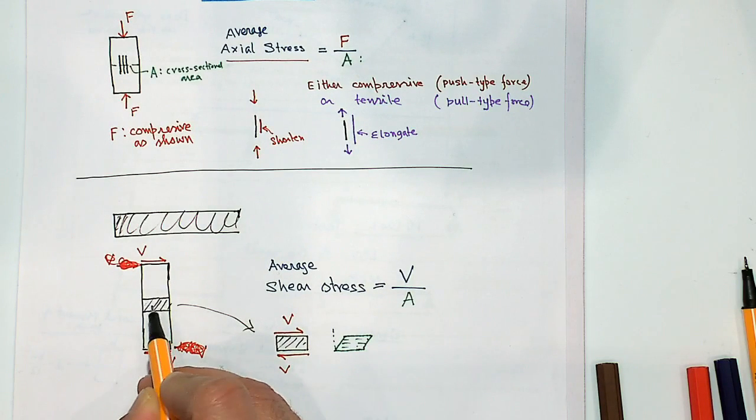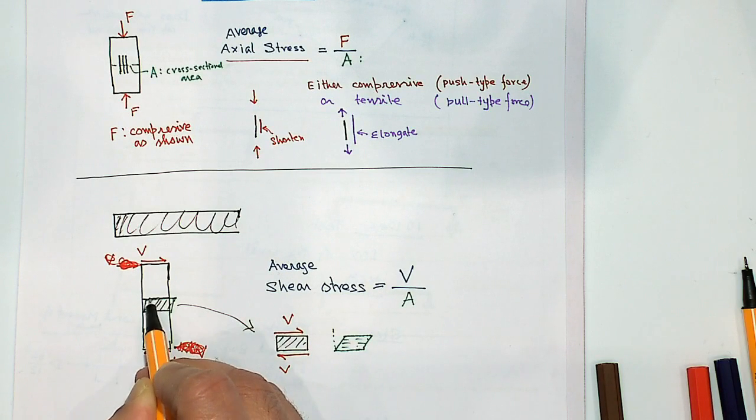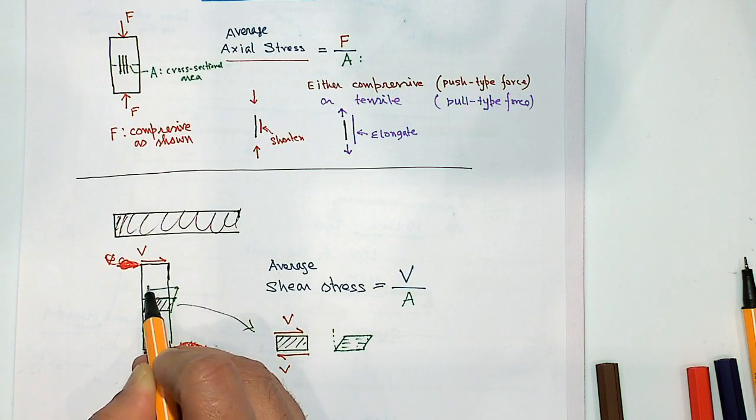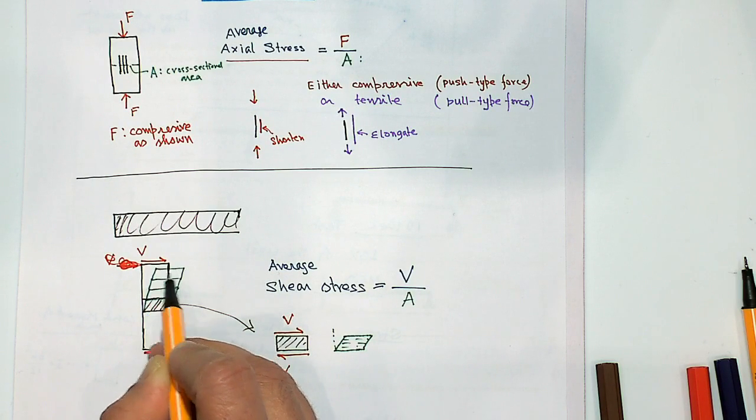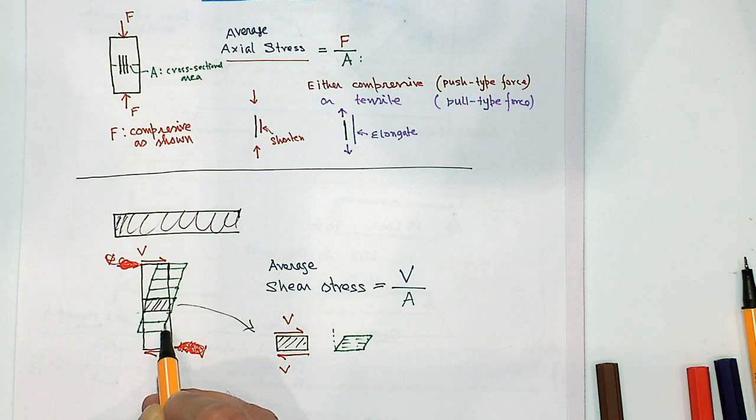Now if you consider from the middle, for example, this would go something like that. Then next one could be something like this, next one something like that, and it will go on. So this is the deformation pattern that we could have.